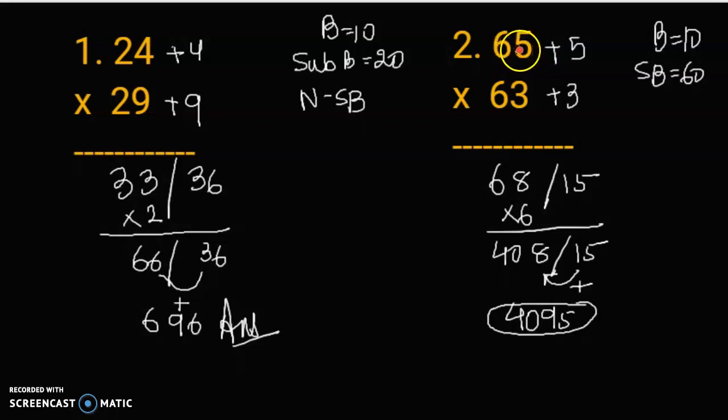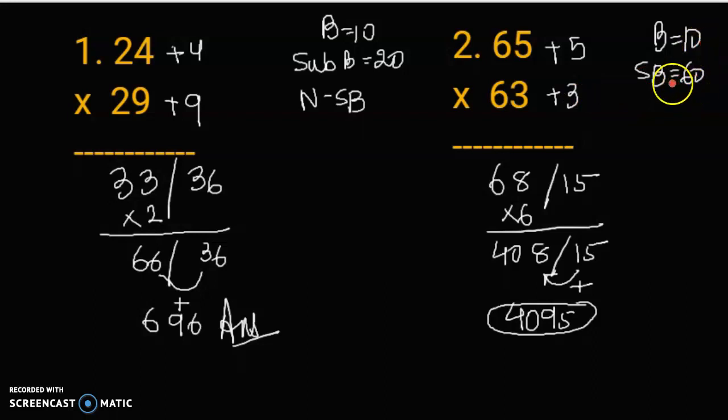So 65 is 5 more than the sub-base, number minus sub-base, so we have written plus 5, and here we have written plus 3 as it is 3 more. Now multiply the right hand side, you get 15, and cross adding 65 and 3 you get 68.